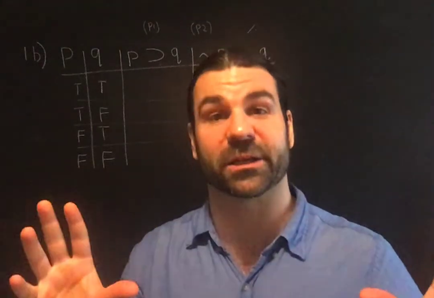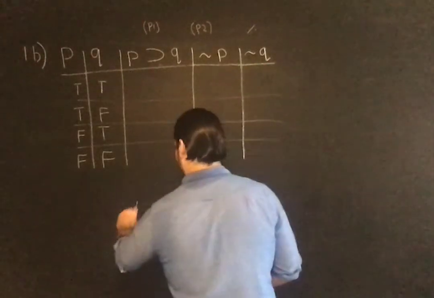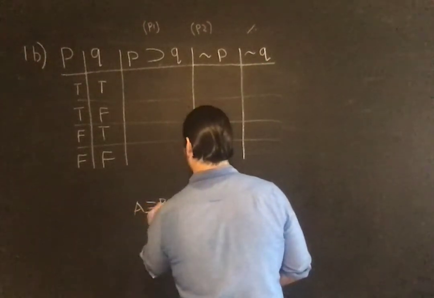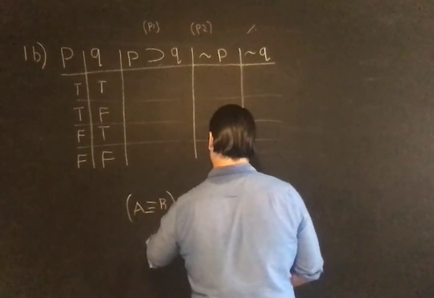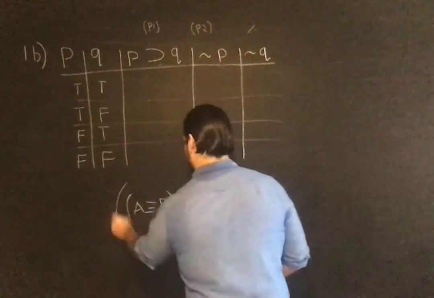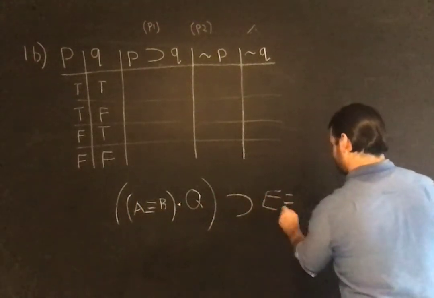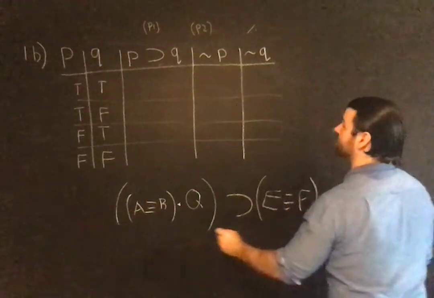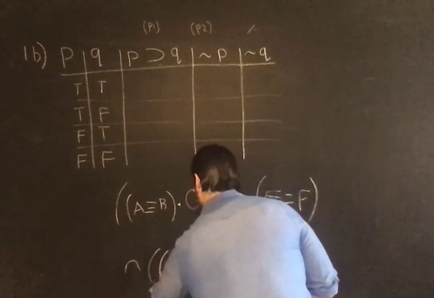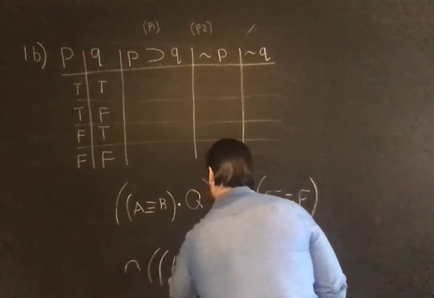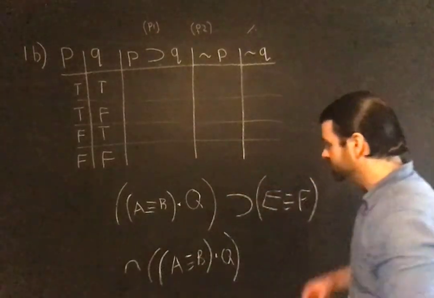Such that you'll be able to recognize in a particular example, like, I don't know, A conditional B, and E conditional F, right?